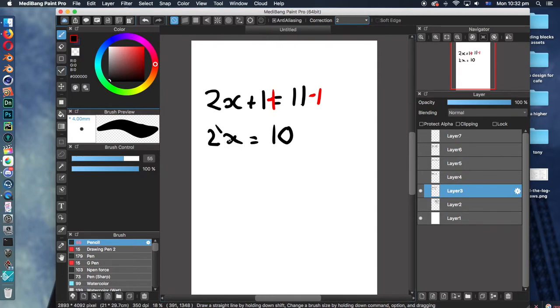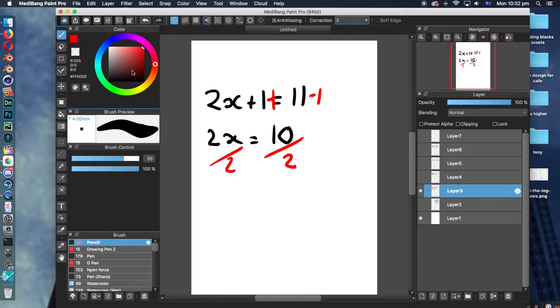Then what's the first operation that's done to x? That's right, it's the 2, because it's the only thing here. The coefficient is basically being multiplied by x, so it's 2 times x. We've got to do the opposite operation to get rid of the 2, so 2 divided by that.